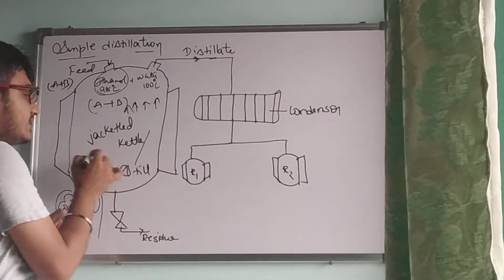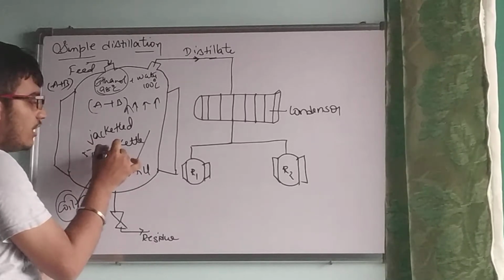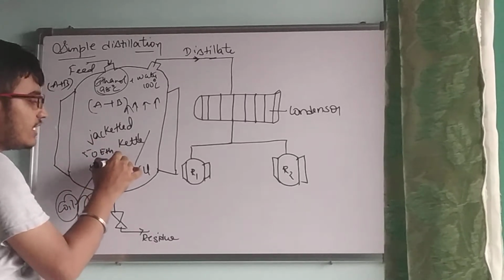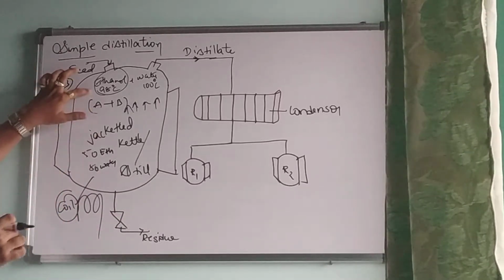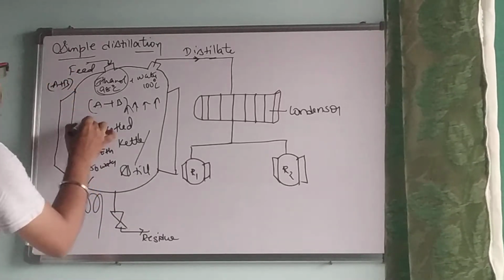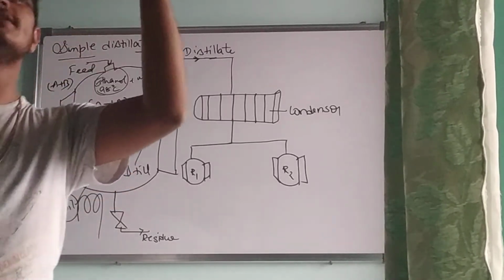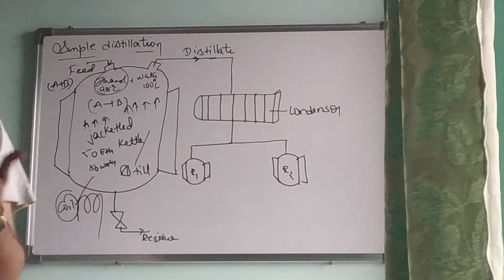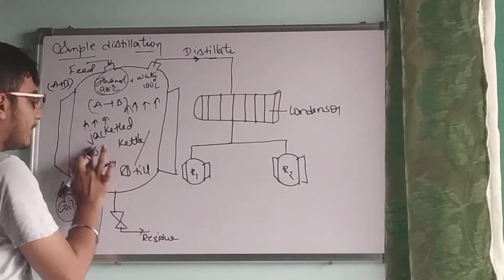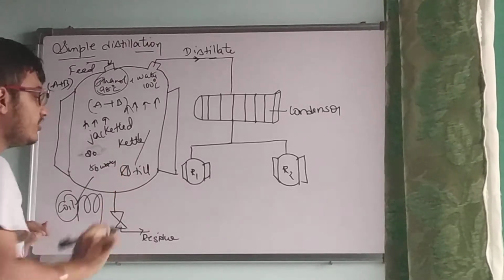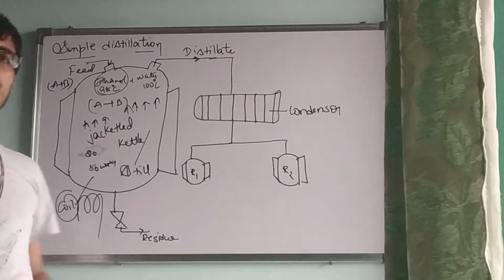Initially you have, say, 50 ethanol and 50 water. As the process begins and 98 degrees Celsius is reached, ethanol starts forming vapors immediately in the starting stages of distillation. As the distillation proceeds, the ethanol content goes on decreasing: 50, 30, 20, 10.